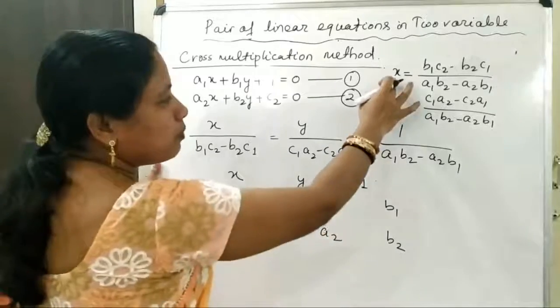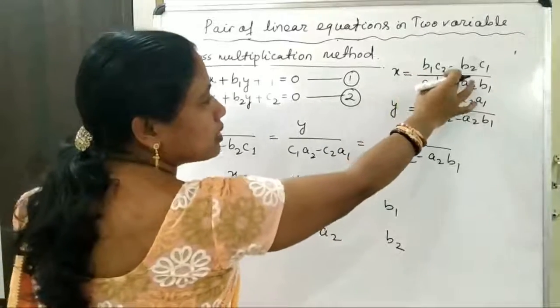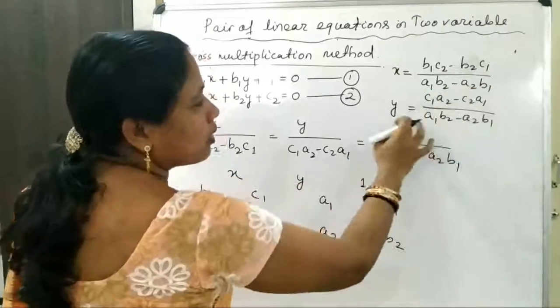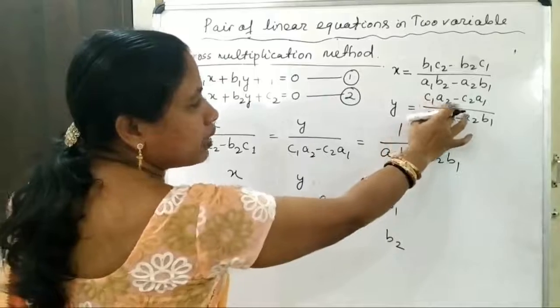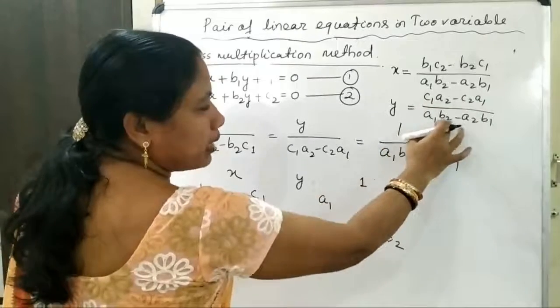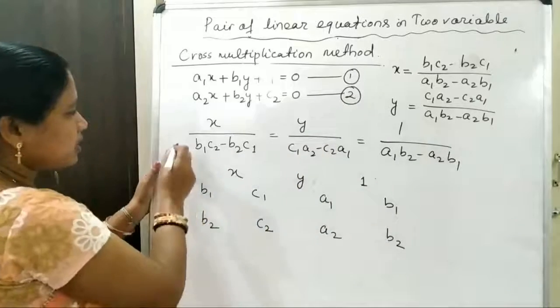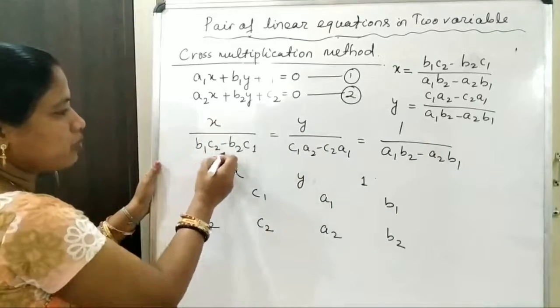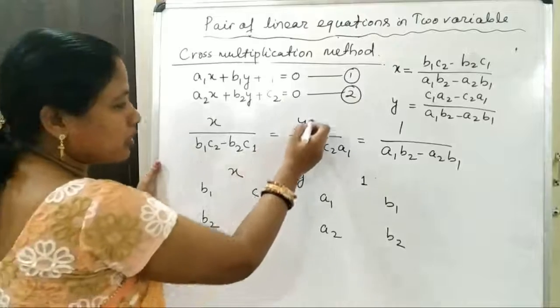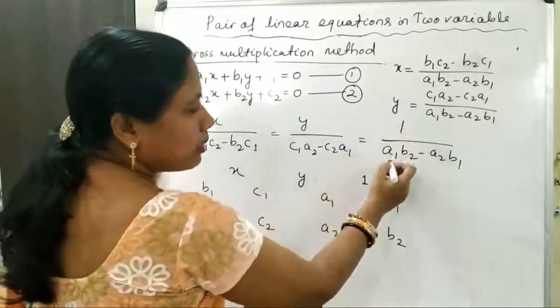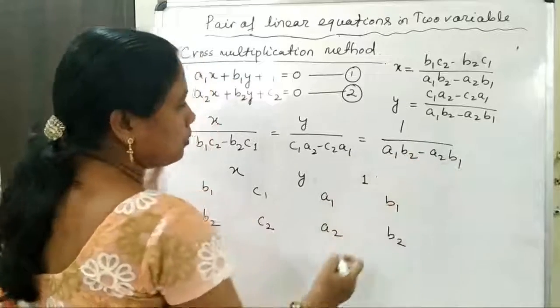So here we got the formula: x is equal to b1 c2 minus b2 c1 by a1 b2 minus a2 b1, and y is equal to c1 a2 minus c2 a1 by a1 b2 minus a2 b1. To summarize, x by b1 c2 minus b2 c1 is equal to y by c1 a2 minus c2 a1 is equal to 1 by a1 b2 minus a2 b1.